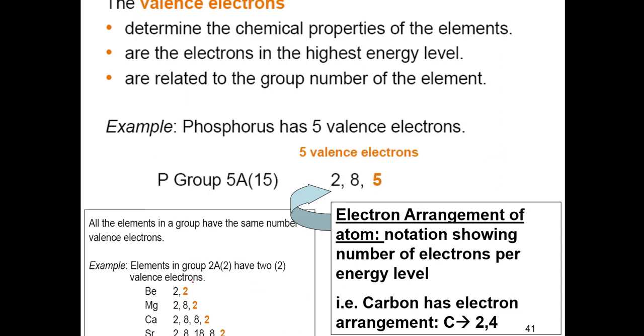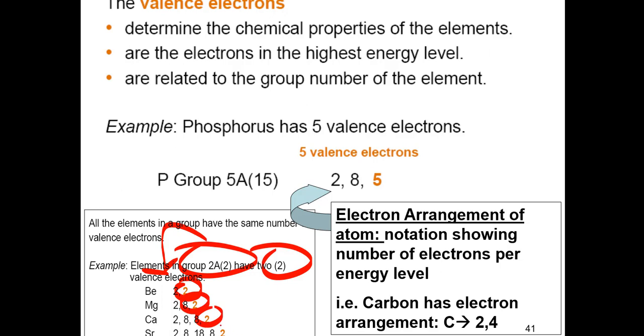Also, you'll notice a pattern here. For group 2, or 2A, whichever number group you want to use, the valence electron is always 2 electrons. 2 electrons, 2 electrons, and 2 electrons. So if you ever need to figure out the total number of valence electrons, just look at the group number.